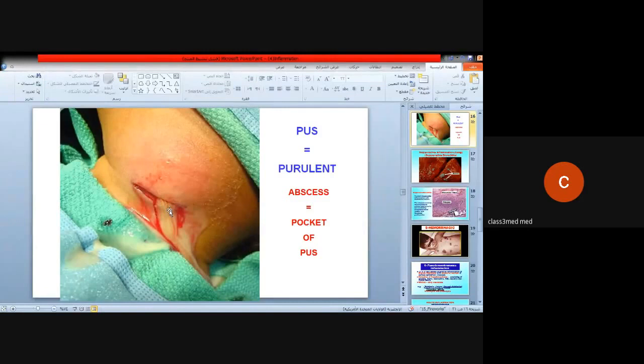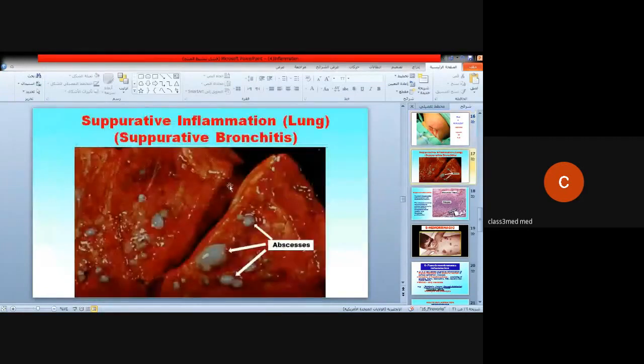This is the lung, and there is suppurative bronchitis as a complication of acute bacterial inflammation of the lung, which is called bronchopneumonia. Without treatment, bronchopneumonia leads to suppurative bronchitis.